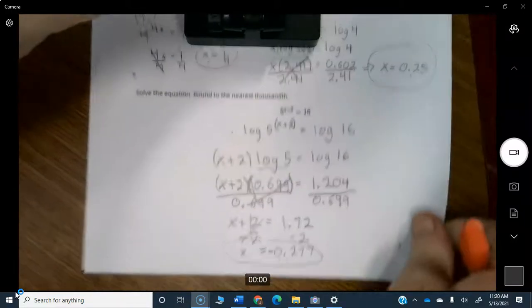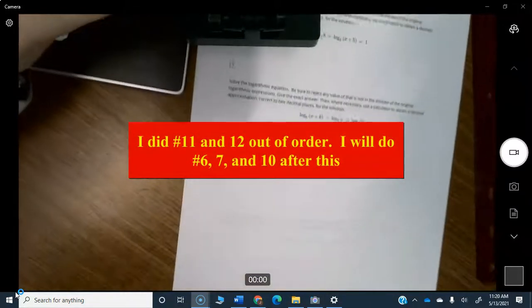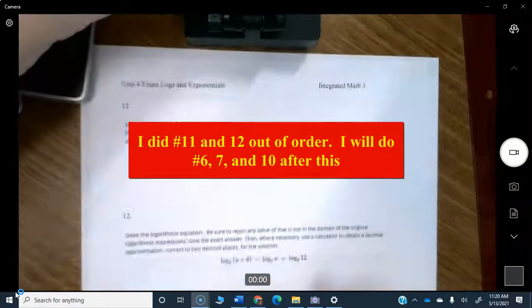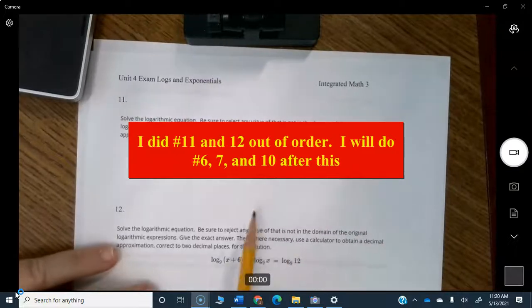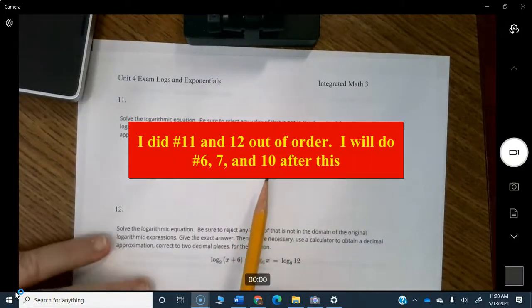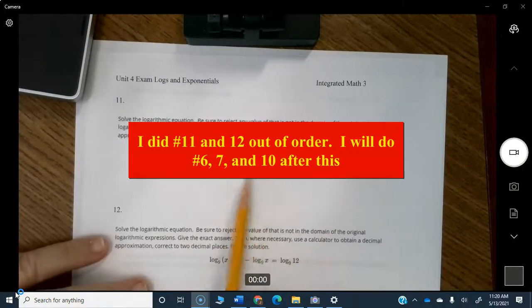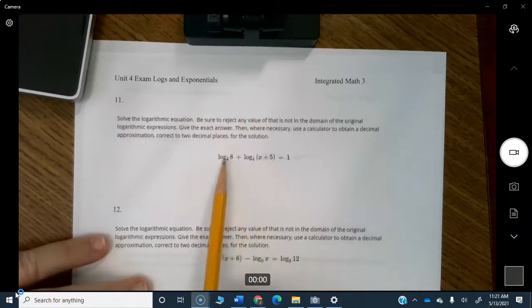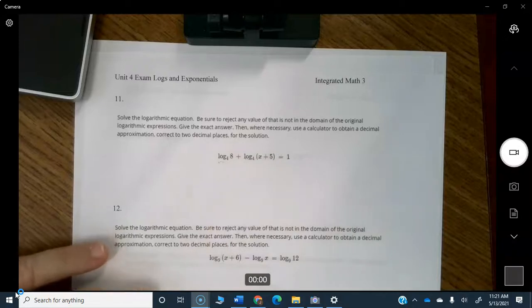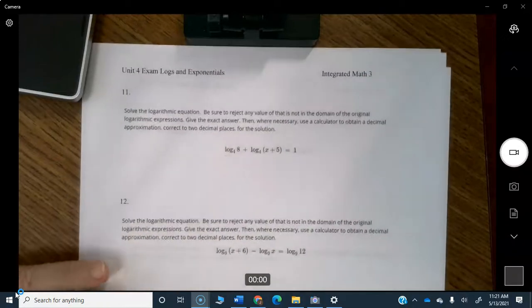Number 6. Okay, so you're solving. That means there's actually a specific answer that you're going to get for this, okay? All right, so when you do that, the first thing you do is you condense these, all right? And the way you do that is you use rule number 10.